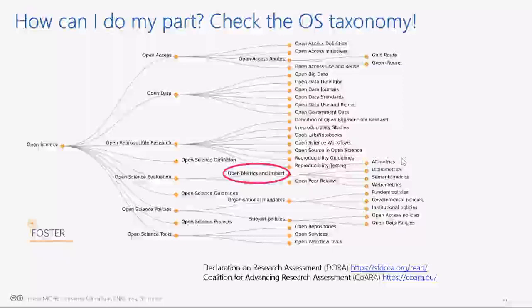So there is a lot of work on this. You can check COARA and DORA. Thousands of universities have now signed a letter of intent to contribute to these new ways of evaluating science. This is really interesting. And I think we as researchers should be concerned by this, because if we want to make things change, then we have to move on, and to move on, we have to acquire better practices.